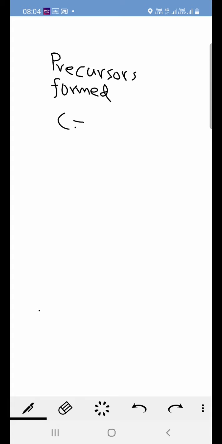In the case of these silicon organic molecule hybrid systems, precursors are formed when the carbon-carbon double bond is attracted to the down dimer.